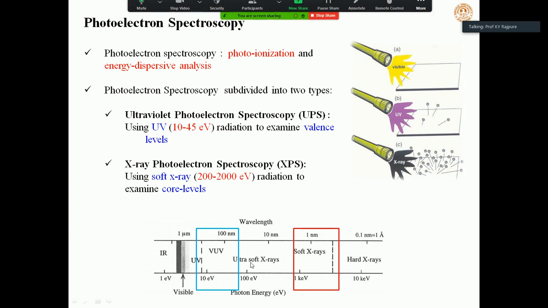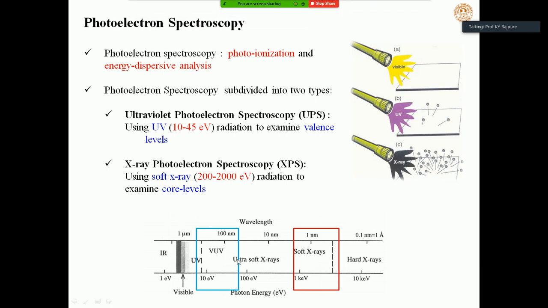Depending on what wavelength you use, what radiation you choose, photoelectron spectroscopy is further divided into ultraviolet photoelectron spectroscopy and X-ray photoelectron spectroscopy. Keep in mind that the energy of visible radiation is sufficiently low.